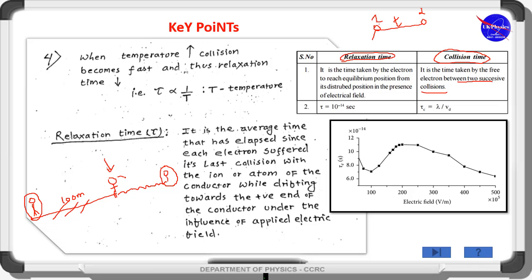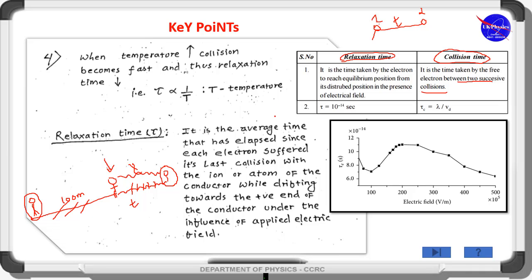He has to take some time before coming to rest. He is relaxing in this period. So the time he has taken in this interval is just the relaxation time. So relaxation time simply means the time taken to be relaxed.